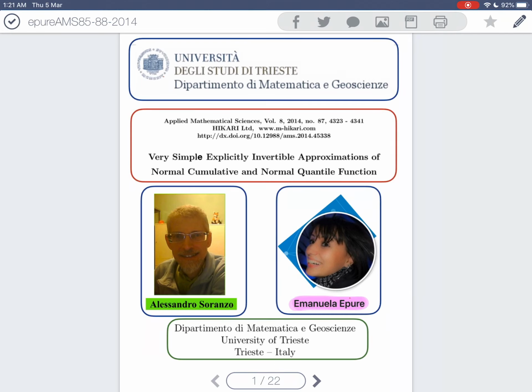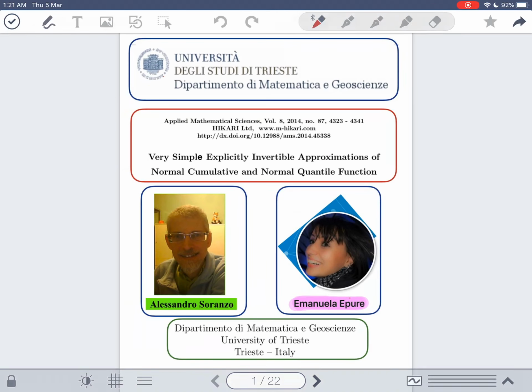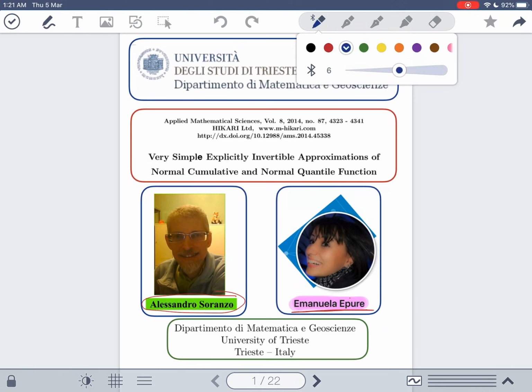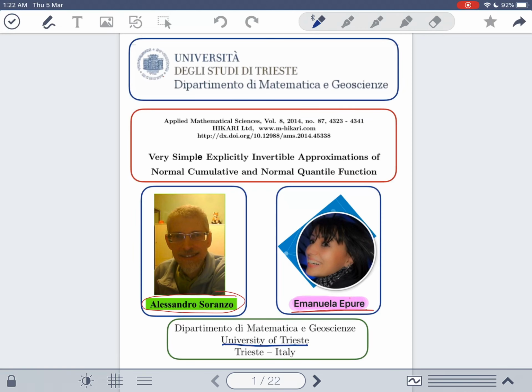And this paper that I'm showing you here was done by a math professor, Alessandro Soranzo, and his undergraduate student, Emanuela Epure. And they did it in the University of Trieste, and this is in the city of Trieste in Italy. And it's a research university. This is a very good university.